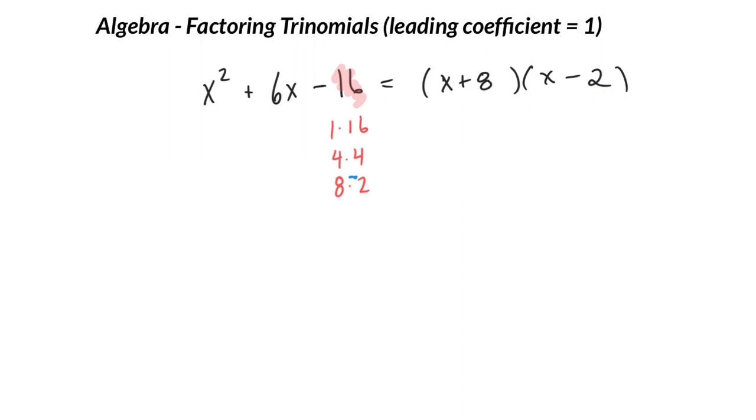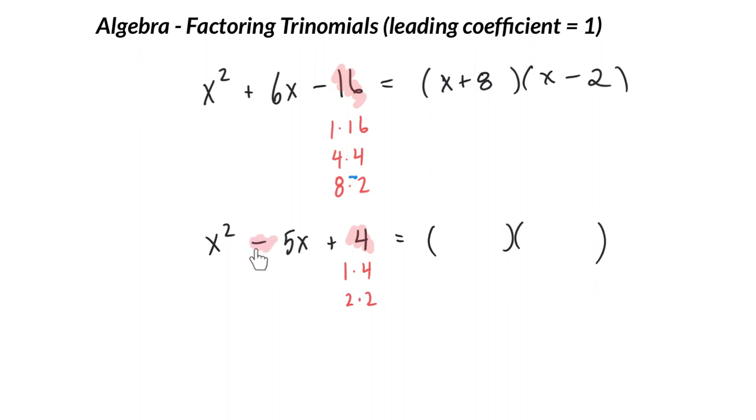Let's do another one. All right, so here I am back to having a positive value at the end without an x. But notice now I have a negative here. So let me list my pairs. I'm not going to do anything different. But think about the fact that this is positive, which means that either it's 1 times 4 or it's -1 times -4, since a negative times a negative would be positive. It's 2 times 2 or it's -2 times -2.